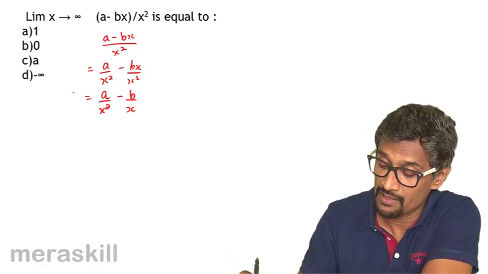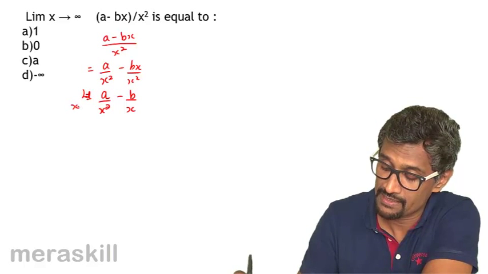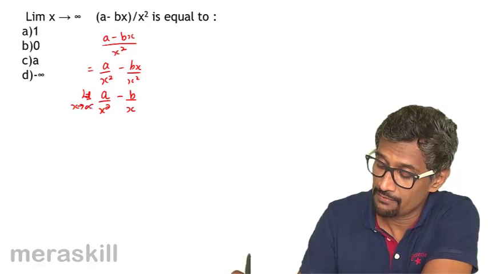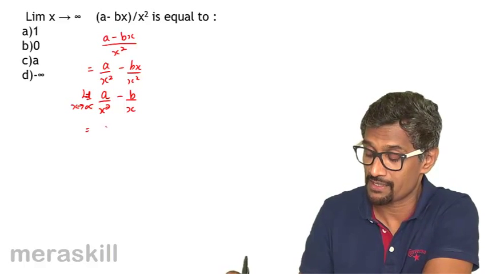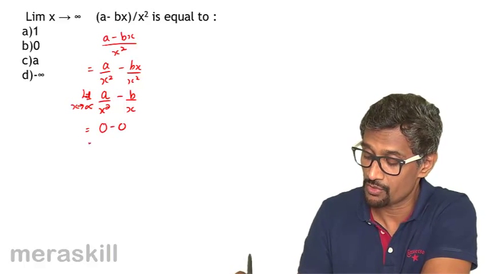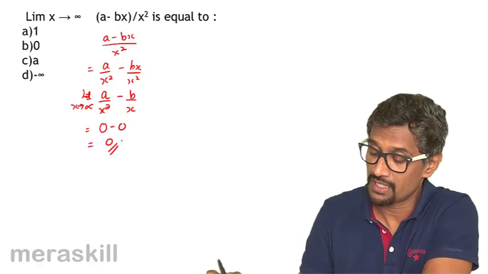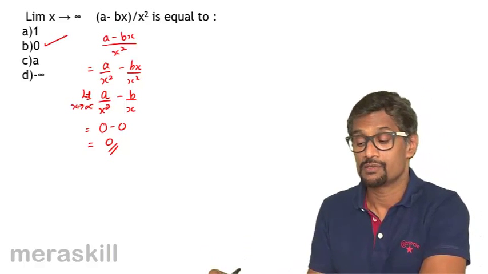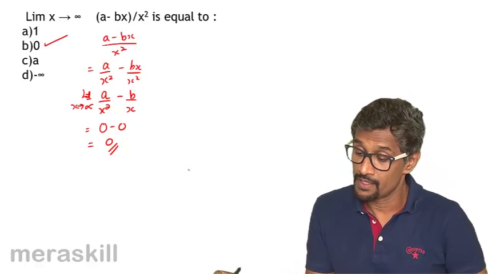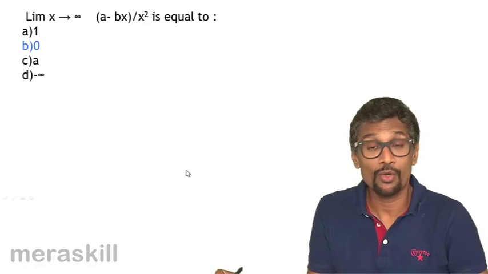So you have to find the limit of this function as x tends to infinity. Of course, a by x square will tend to 0 minus 0. Hence the limit itself tends to 0.